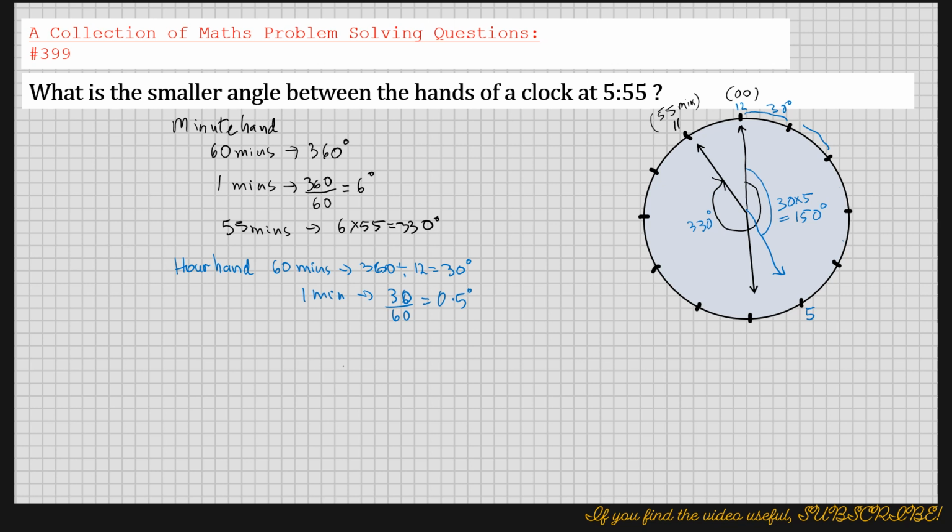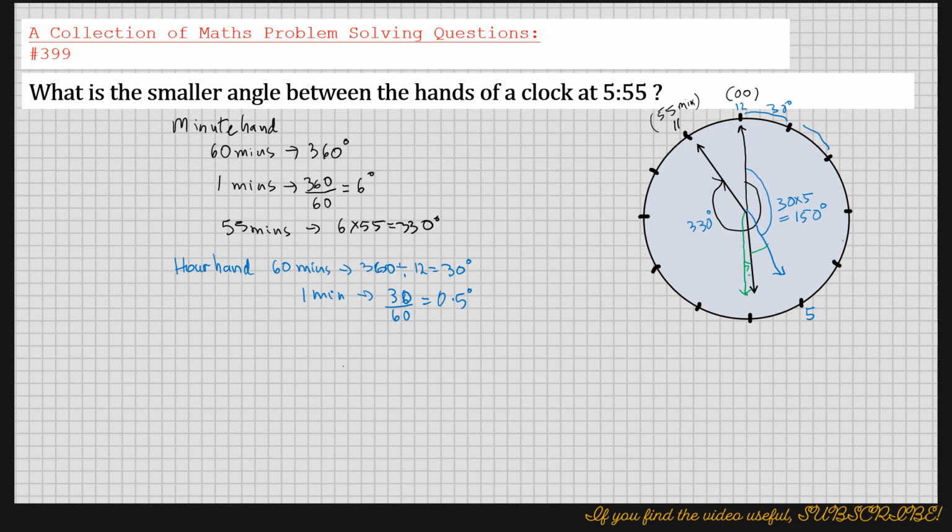What we need to find now is how much it will have moved from 5 toward 6. It is not exactly at 6, it is a little bit before, and it is this little bit of movement, this degree, that we have to find out.